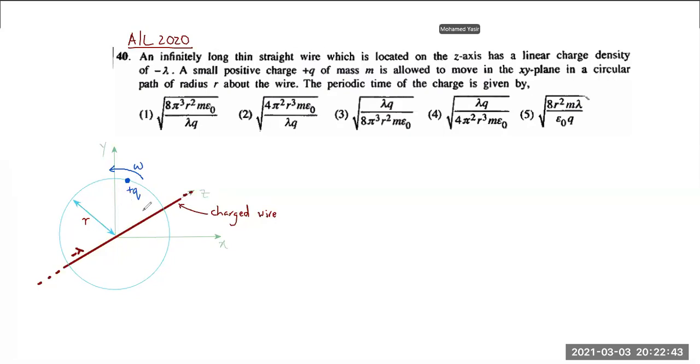The direction of rotation doesn't matter, it can rotate any way. Periodic time means the time taken for one complete rotation.